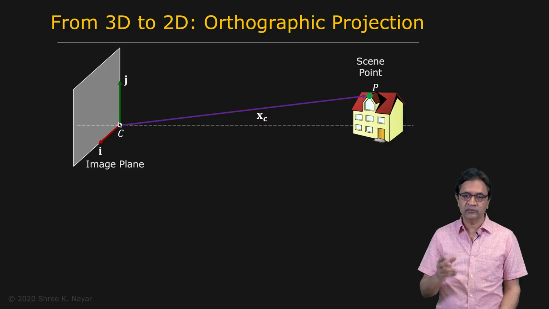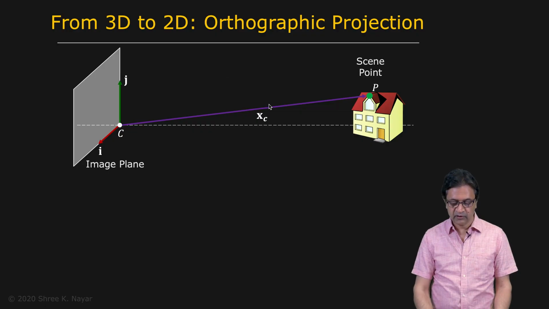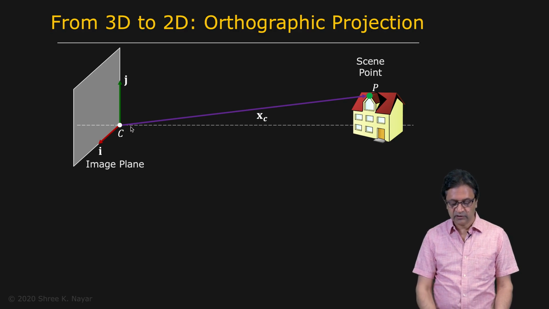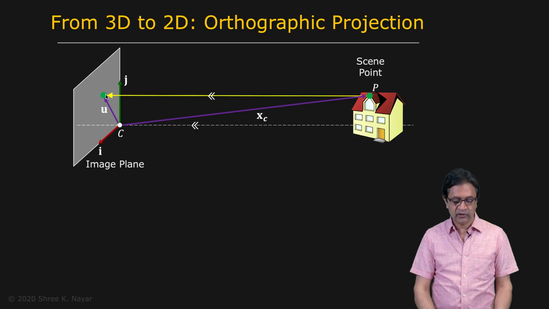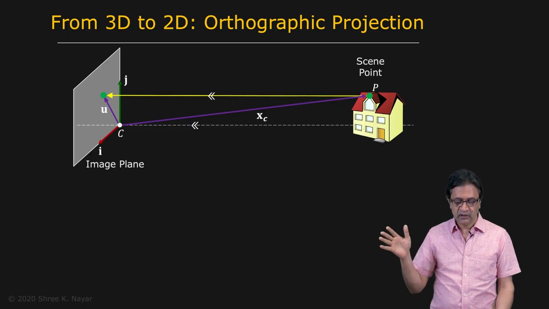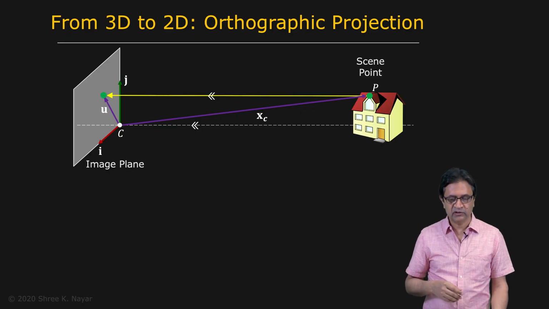So now, orthographic projection tells us that you simply take the point P, which happens to be at the location given by the vector XC, and you project the point P using a ray which is parallel to this optical axis right here, and that projection gives you the image point, and the image point has coordinates U, which has of course two components, U and V. So the projection of all points in the scene in this manner, using these rays that are parallel to the optical axis, is really what orthographic projection is.